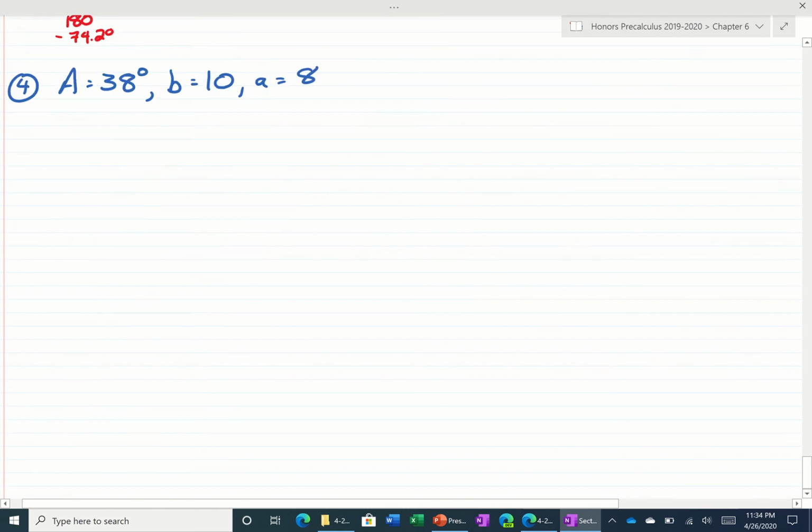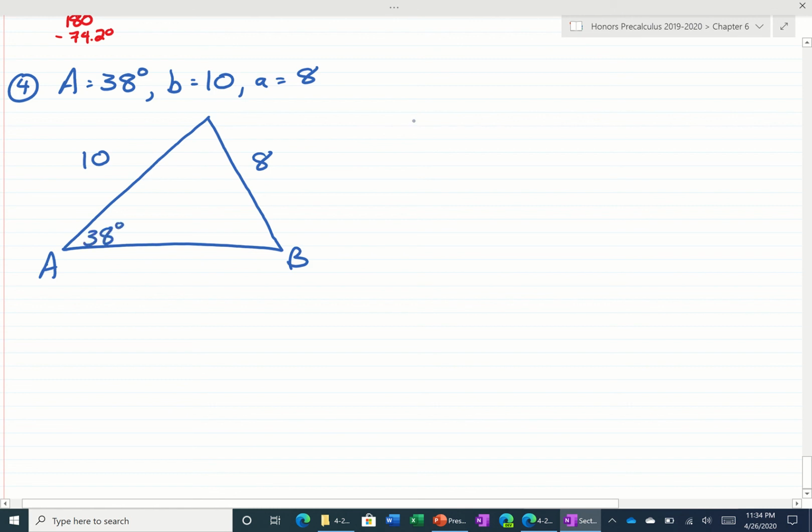So we have another side-side-angle, angle A, side A, the other side is B. First thing let's do is find the height. The height is going to be 10 times the sine of 38. And that comes out to be 6.2.